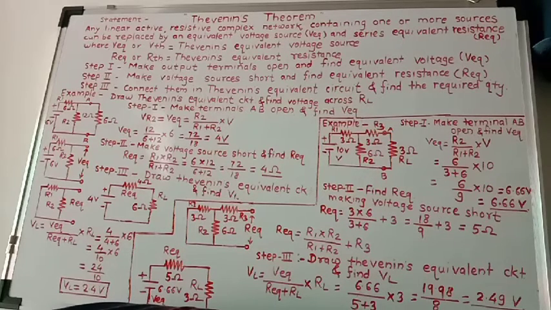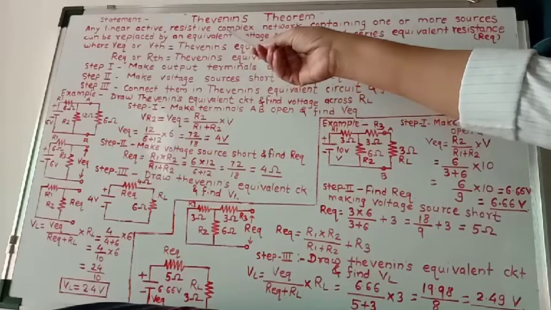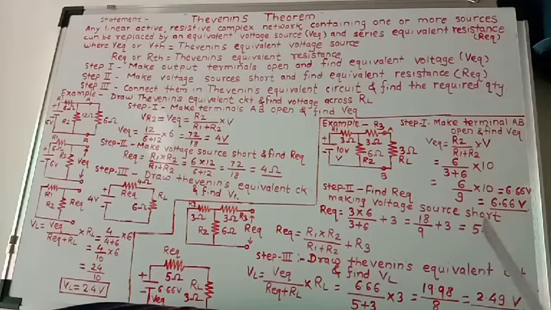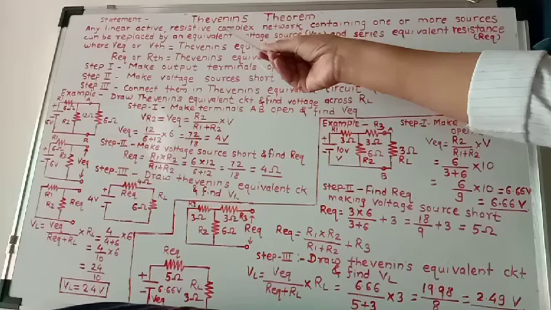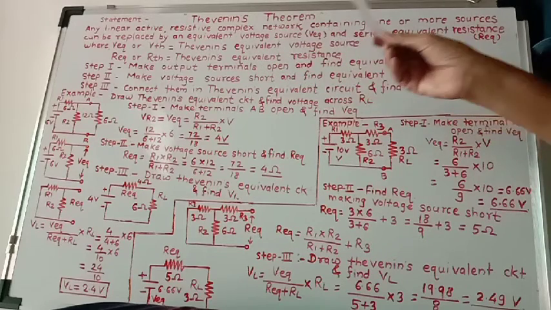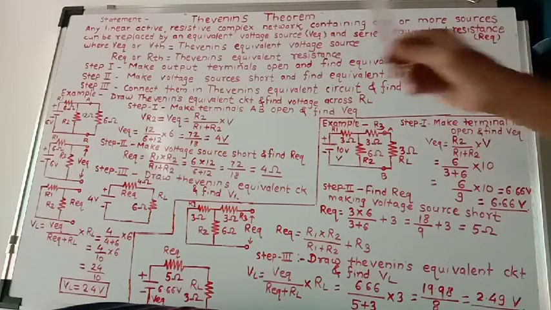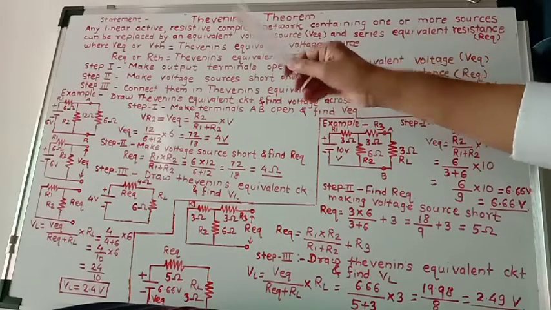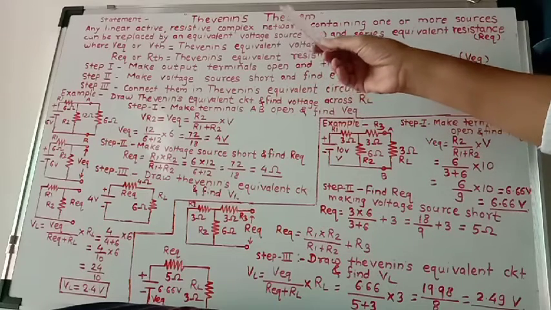So any linear active resistive complex network, complex meaning complicated, a circuit which consists of many resistances and many voltage sources, containing one or more voltage sources can be replaced by its equivalent voltage source.